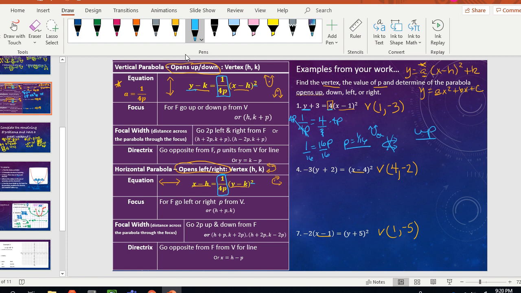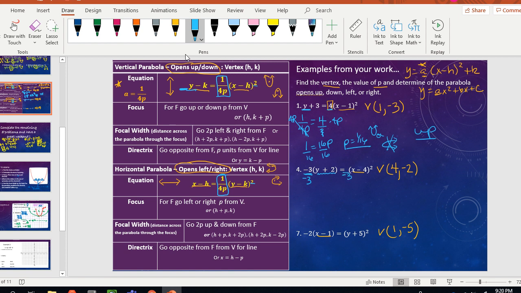Okay, over here. Look at this one. This one has this weird thing right here. It almost looks like y minus k because here's my y minus k business, but this 3 is in the front. There is no 3 right here in the front. You see that? None whatsoever. So we have to divide by negative 3.